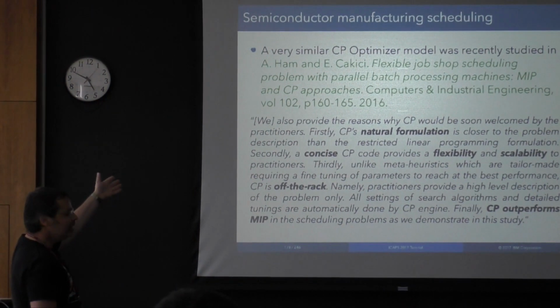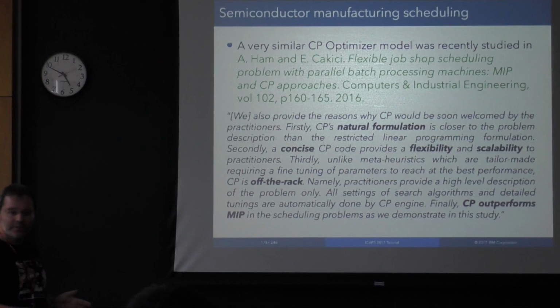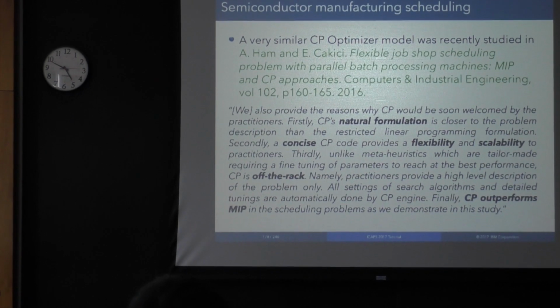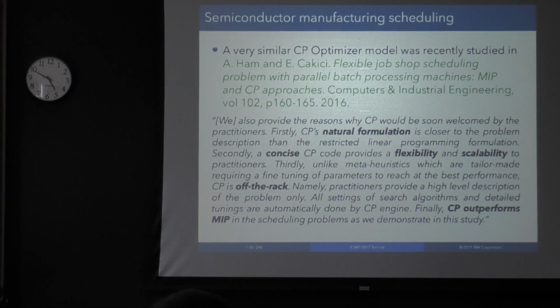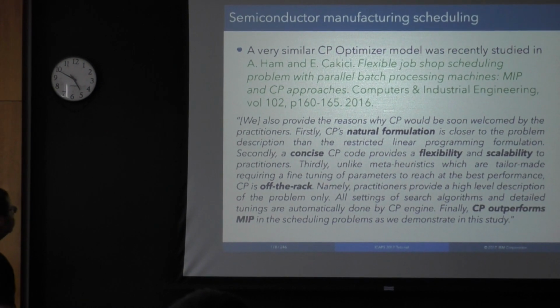In particular, he rewrote some old paper he had published on a benchmark and found that CP Optimizer was much better than the MIP models he used to use. And this is the conclusion of one of his papers.